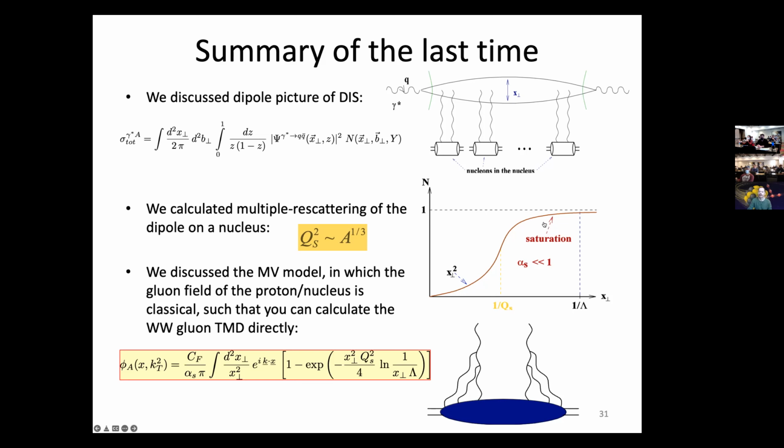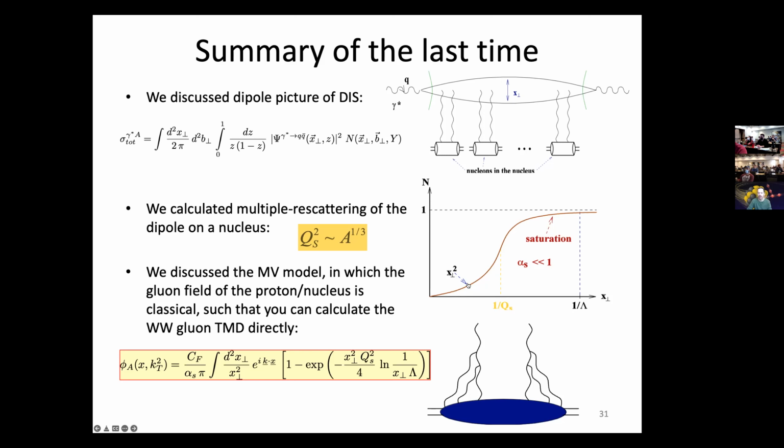So this amplitude, because of multiple rescatterings, obeys this limit. From growing quadratically with the size of the dipole, at larger dipole sizes the amplitude would turn over and saturate, quote unquote, at N equals 1. And this is the simplest example of saturation.